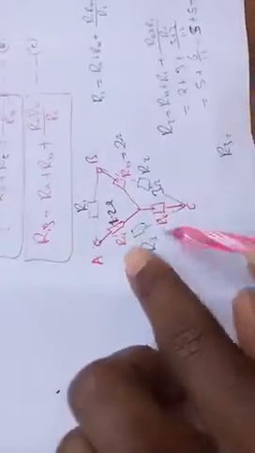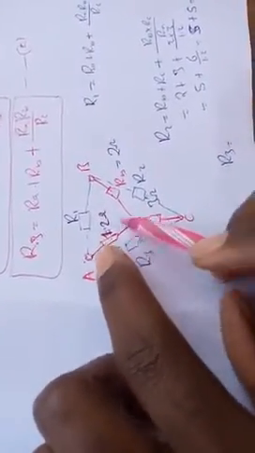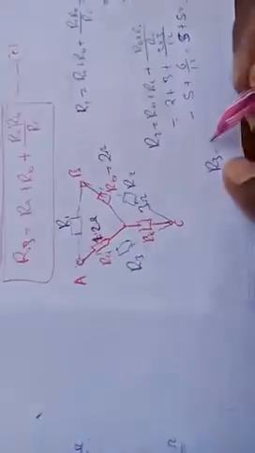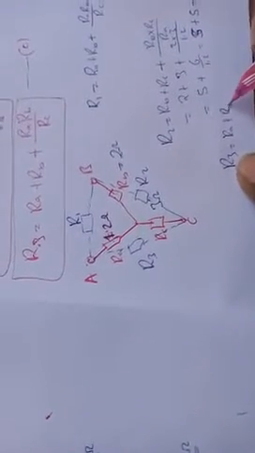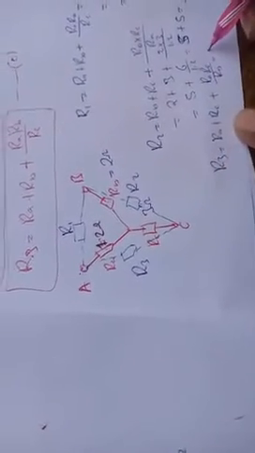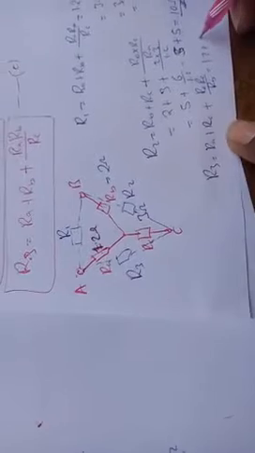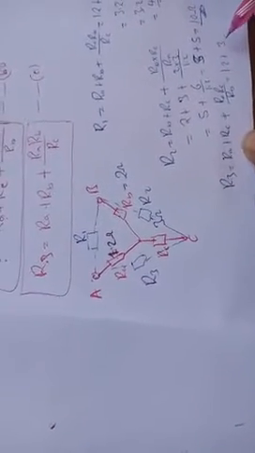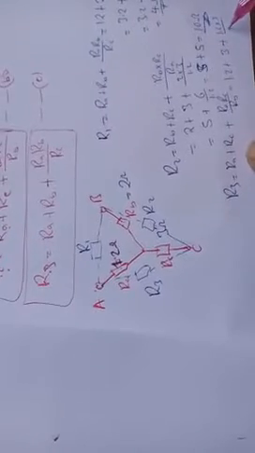We go to R3, which is this one. These two are the ones connected, RA and RC. So RA plus RC plus RA times RC over RB. RA is 1.2 plus RC is 3 plus 1.2 times 3 over 2.